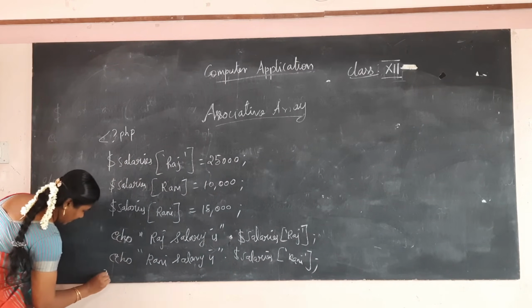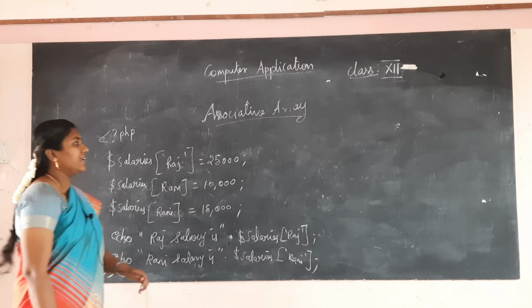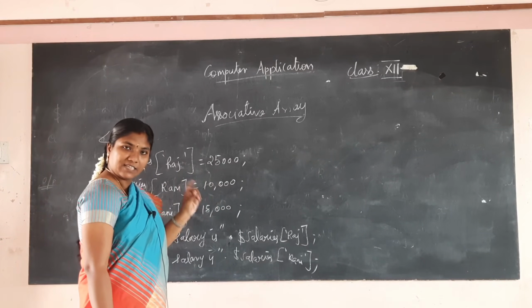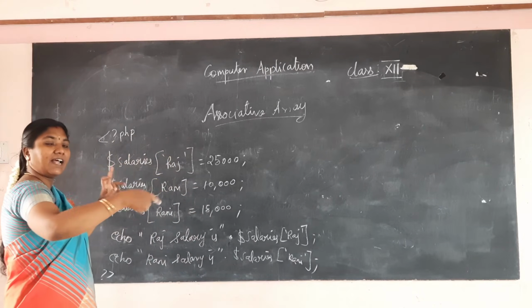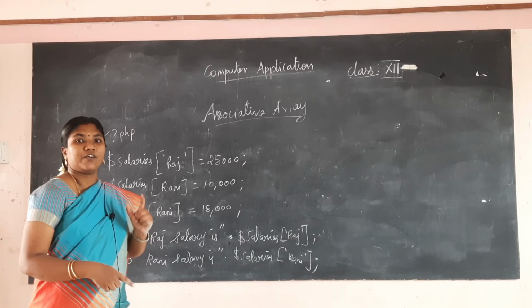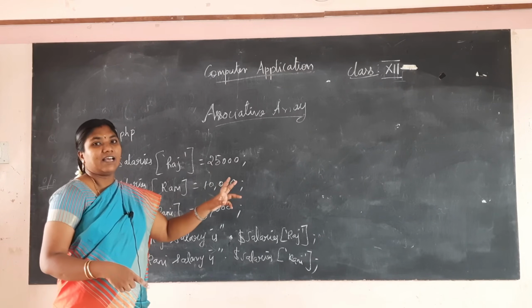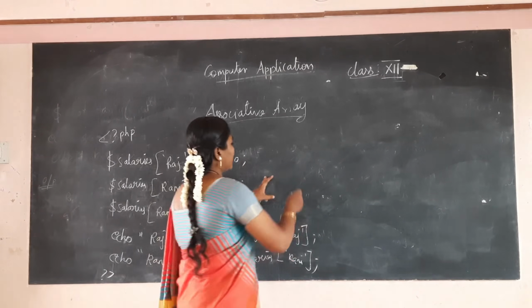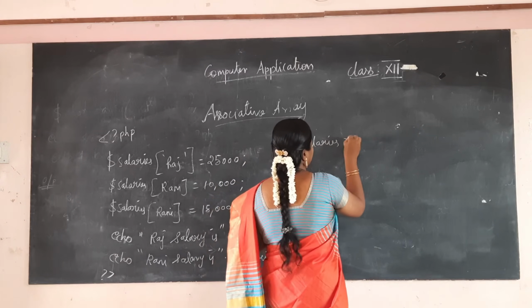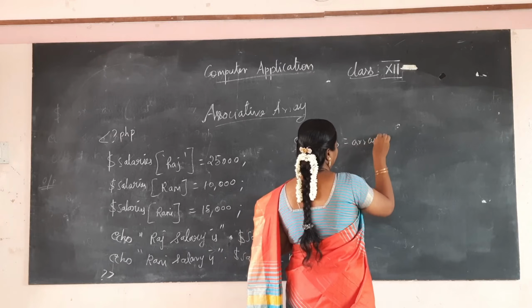In the last program I created dollar salaries is equal to, within the bracket, and I used the keyword array. What keyword did I use? I used the keyword array, and then I gave the values in double quotes. So dollar salaries is equal to array.